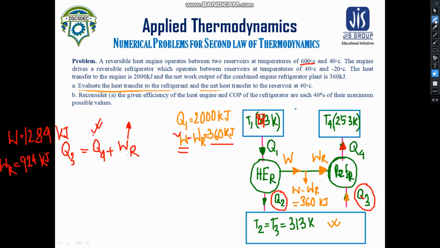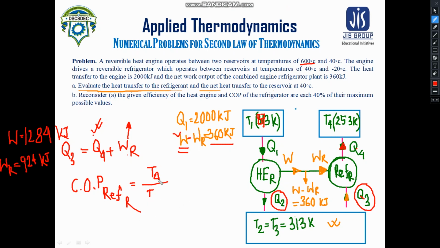You can identify that this Q4 and this WR are related by the COP of the refrigerator. Specifically, it is mentioned that it is a reversible refrigerator. So we can write T2 here. We have been using the word T2, but here the temperature of heat rejection is mentioned as T4.